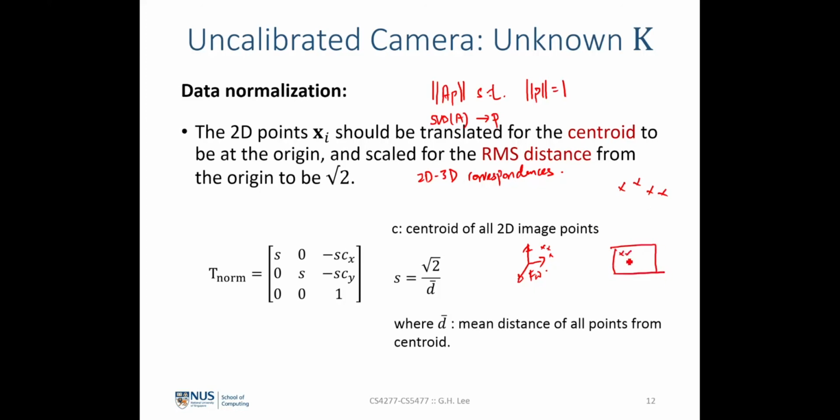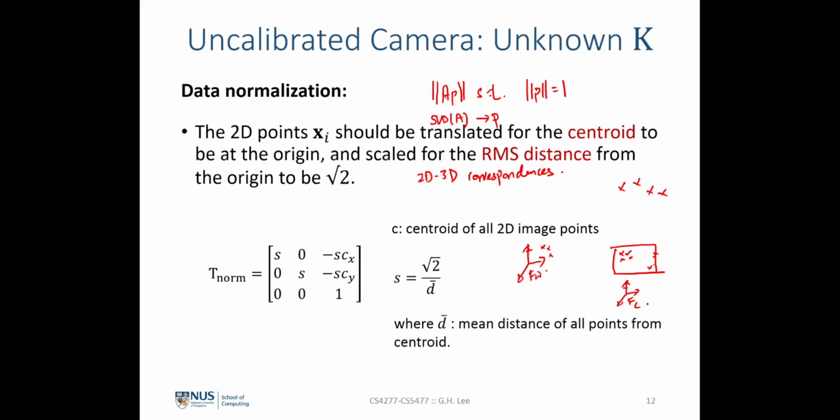We might get some points that are here and some points that are here, all defined with respect to a camera frame. In this case, the magnitudes of the entries of the A matrix differ greatly from one another, and this will in turn affect the results of SVD that is used to compute the solution for the P vector.